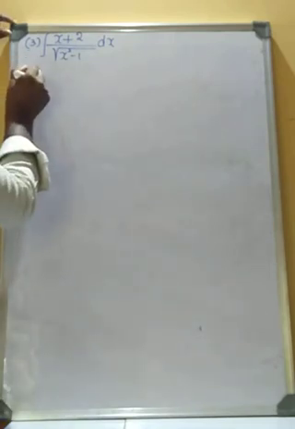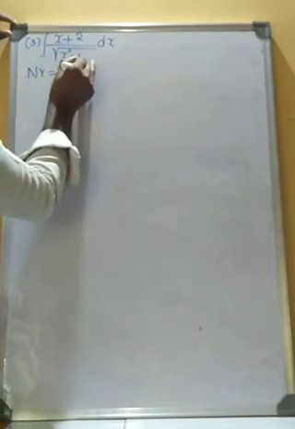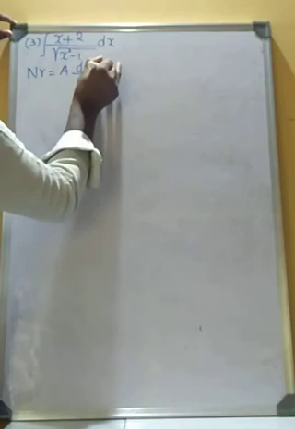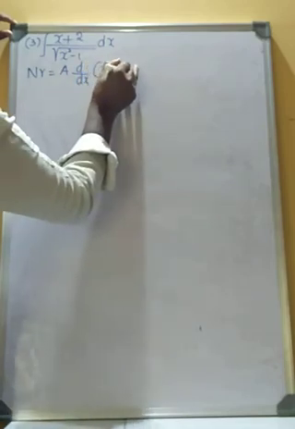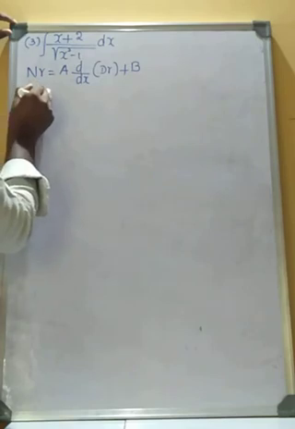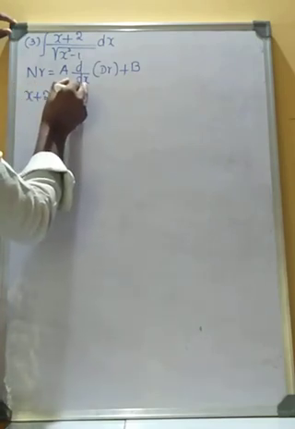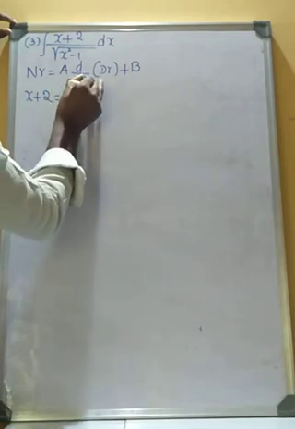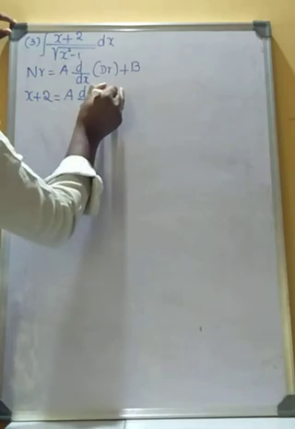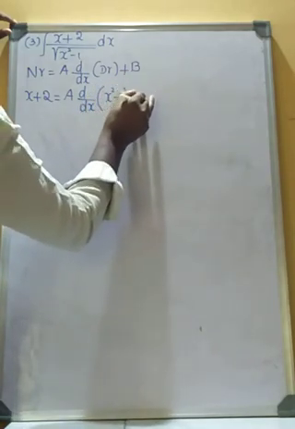Here also the numerator equals a into d by dx of the denominator plus b. The numerator is x plus 2 equals, write as it is, a into d by dx of the denominator x square minus 1, plus b.